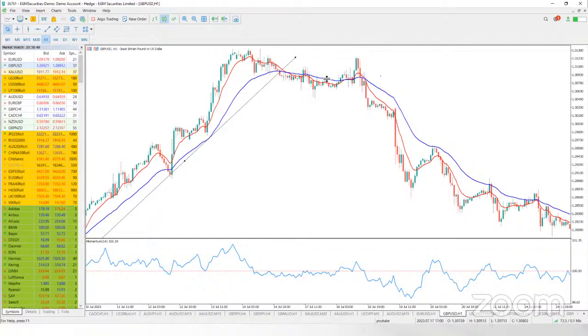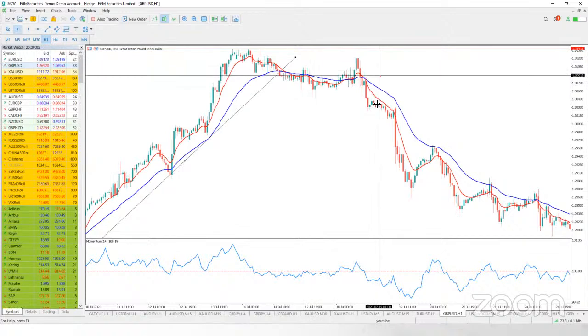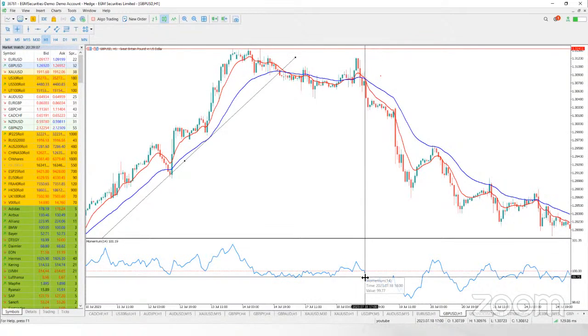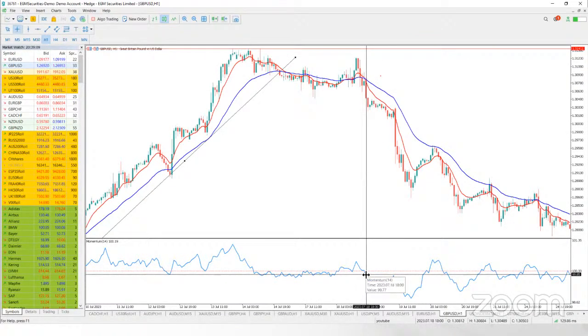But then you have the price pulling back again, but it doesn't break the previous high. Where was the high or the resistance? This level here. It falls back again below the moving averages. And that's where, if you check down, you find the price falls, the momentum falls below the 100.